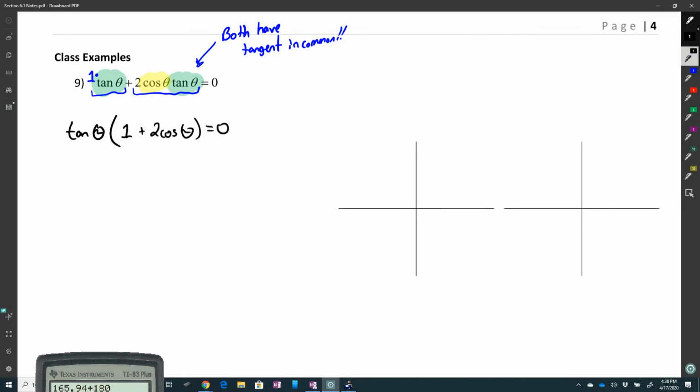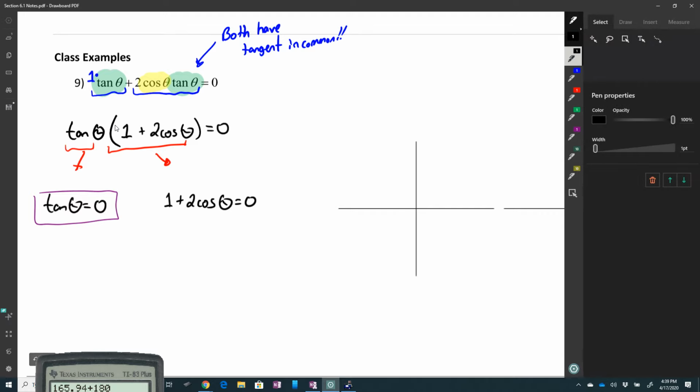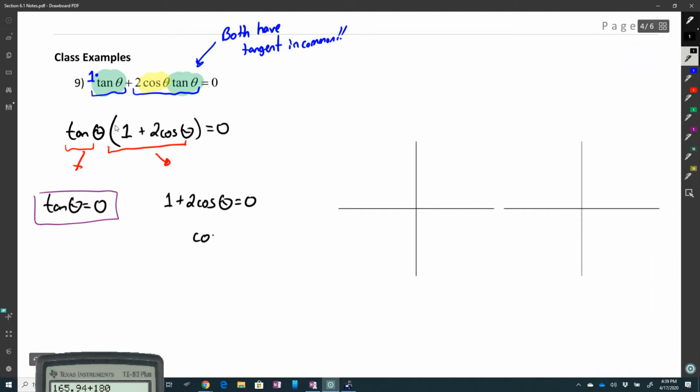So this is another way how we can solve these problems. Each one becomes its own equation. So I have tangent theta equals 0, and 1 plus 2 cosine theta equals 0. This one I can already kind of look at for a bit. This other one I got to solve by subtracting the 1 and dividing by 2. So if I do that, I get negative half.